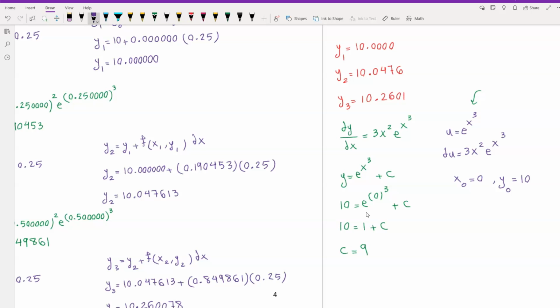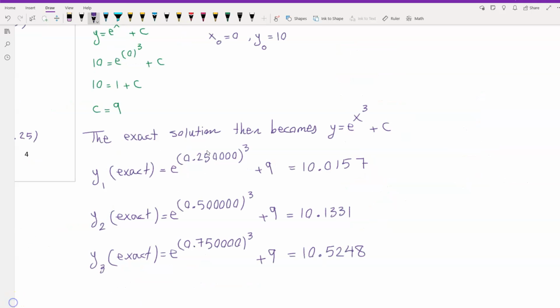So 10 is equal to e to the 0 cubed plus c. 10 equal to, here we have 1, so e to the 0 is equal to 1, plus c. Solving for c, c is equal to 9. So the exact solution is y equal to e to the x cubed plus 9.